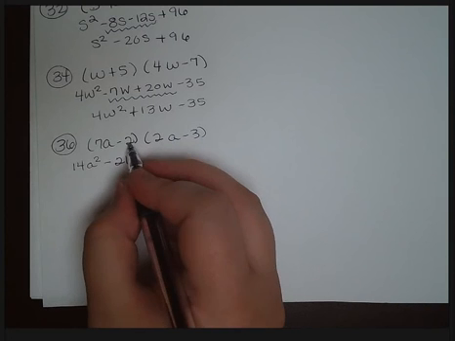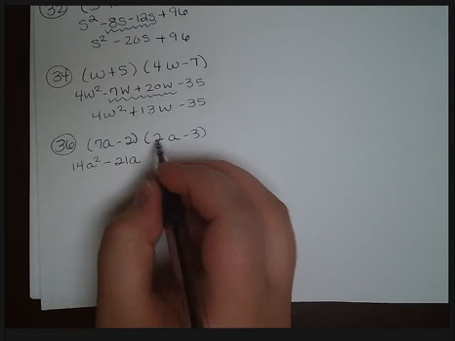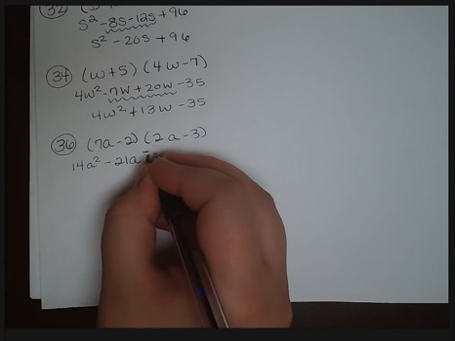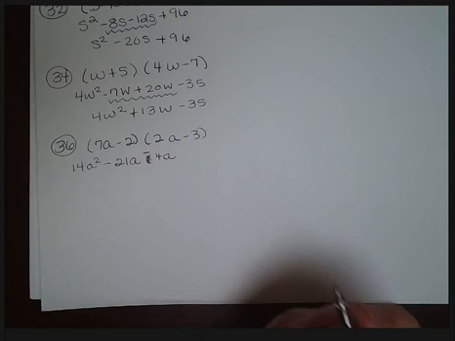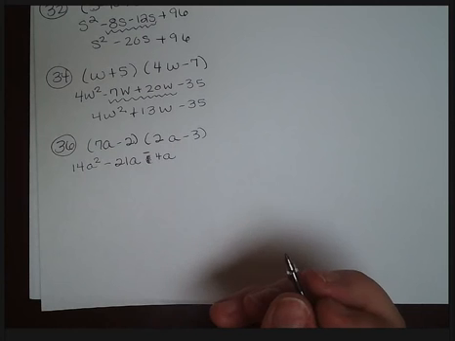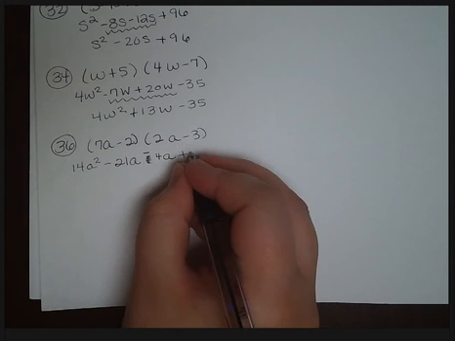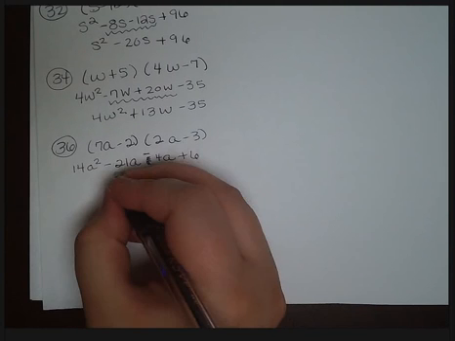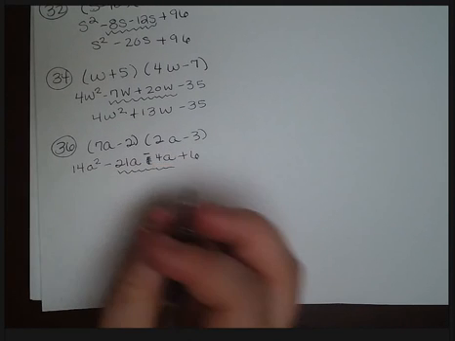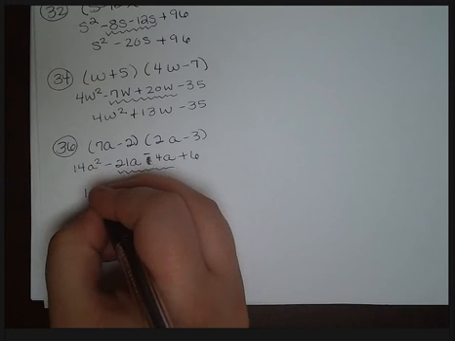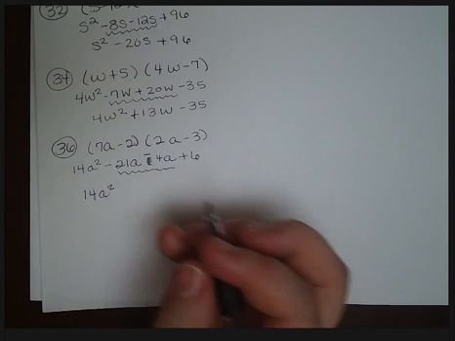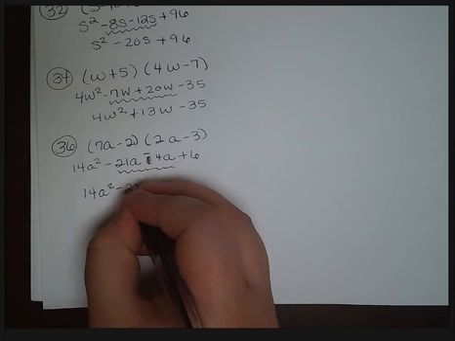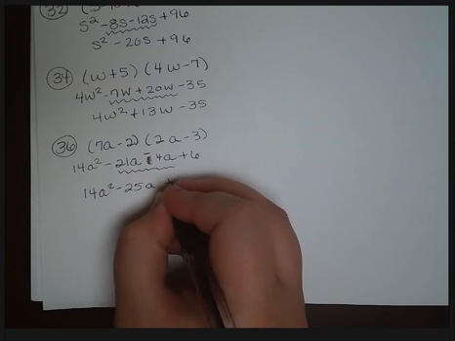Negative 2 times 2a is negative 4a. And then negative 2 times negative 3 is a positive 6. Now you combine your like terms. You have 14a squared. Negative 21a minus 4a is negative 25a. And then bring down your 6.